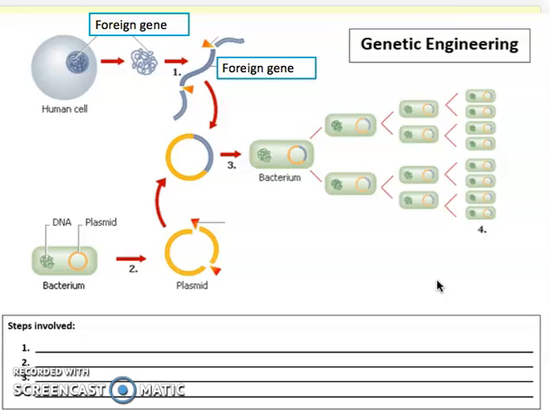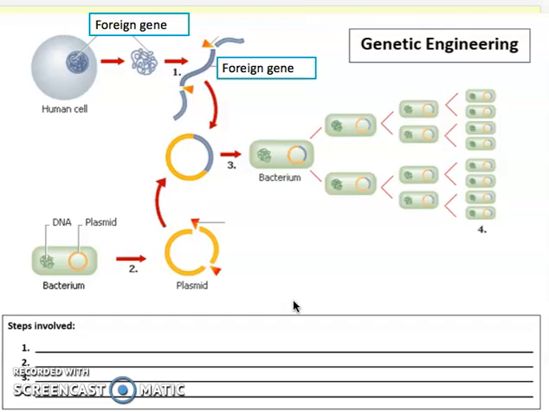And hopefully you can see at stage 3 that the foreign gene, which codes for the production of insulin, is put into the plasmid. So the plasmid now has got a gene that codes for the production of insulin. That plasmid is put back into a bacteria, and stage 4 is that asexual reproduction of bacteria.